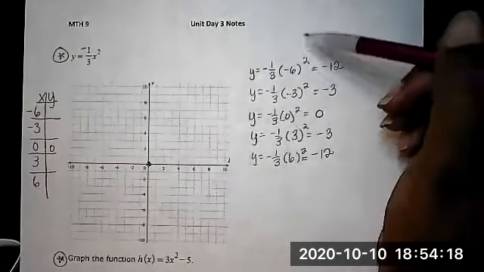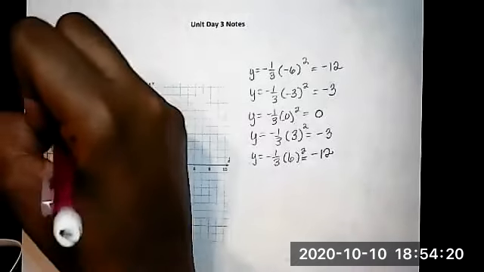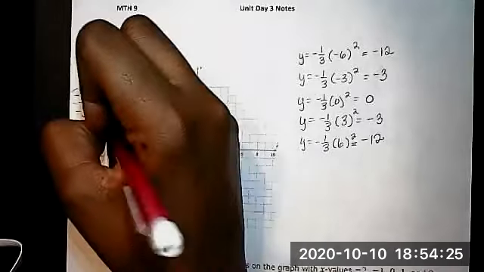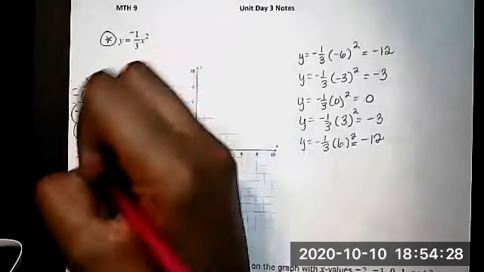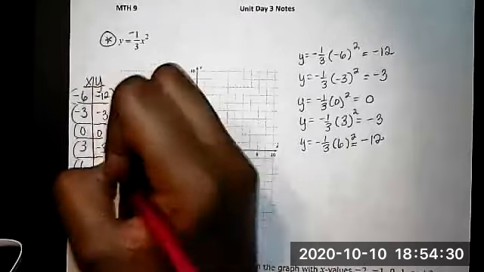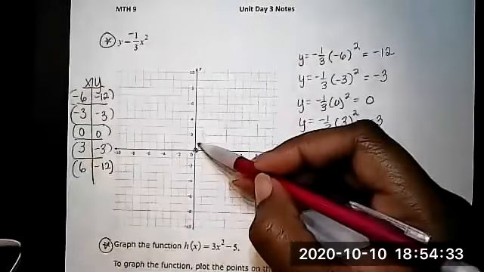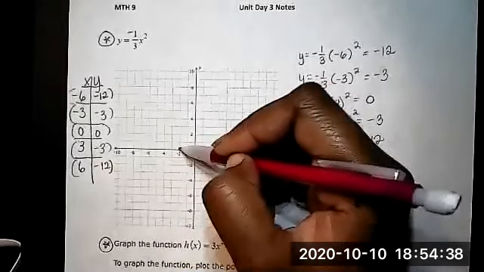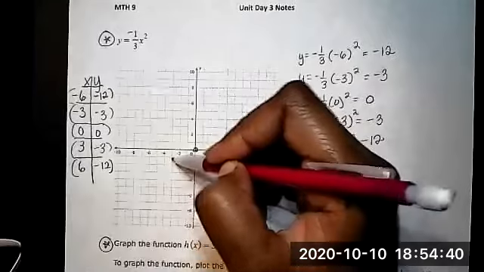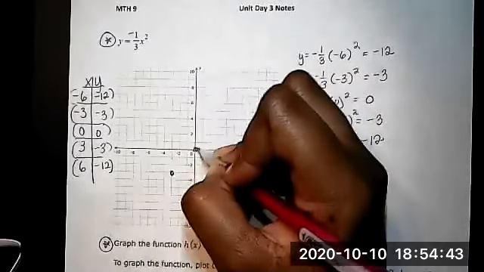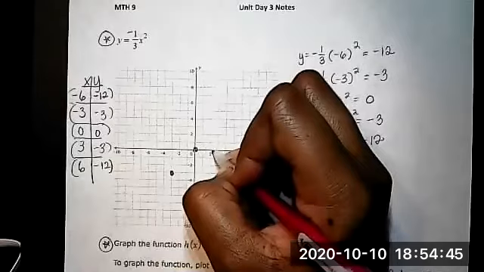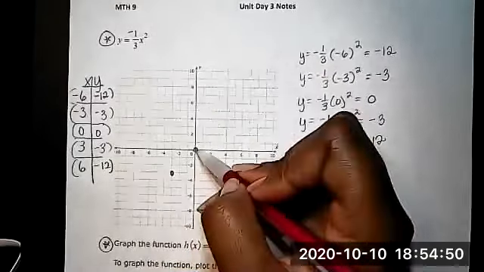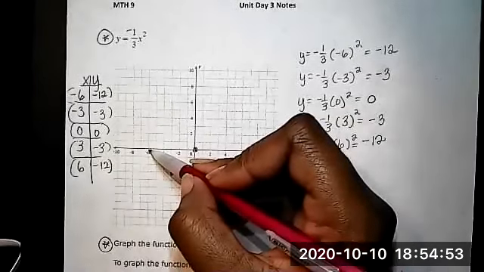All right, so here are our points on our graph. Okay, there's 0, 0, 3, -3, and then it's 6, -12. So 0, 0 is there, and I know -3 goes to -3. That's here. +3 goes to -3. -6 goes to -12.